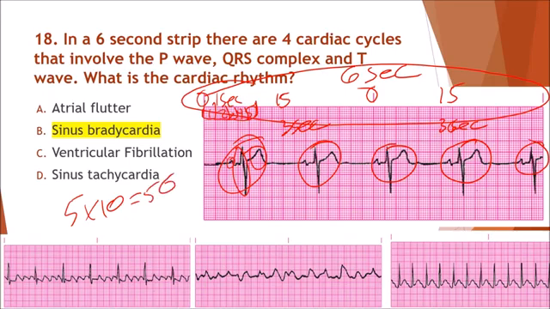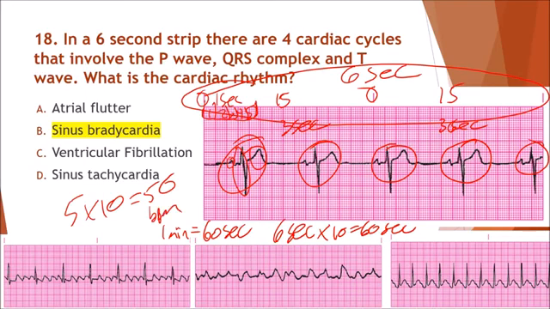Because in 1 minute, you have 60 seconds, and here we have 6 seconds. So we multiply 6 times 10, we get 60 seconds, which is the equivalent of 1 minute. So 5 times 10 equals 50. 50 beats per minute. And that is the heart rate, right?